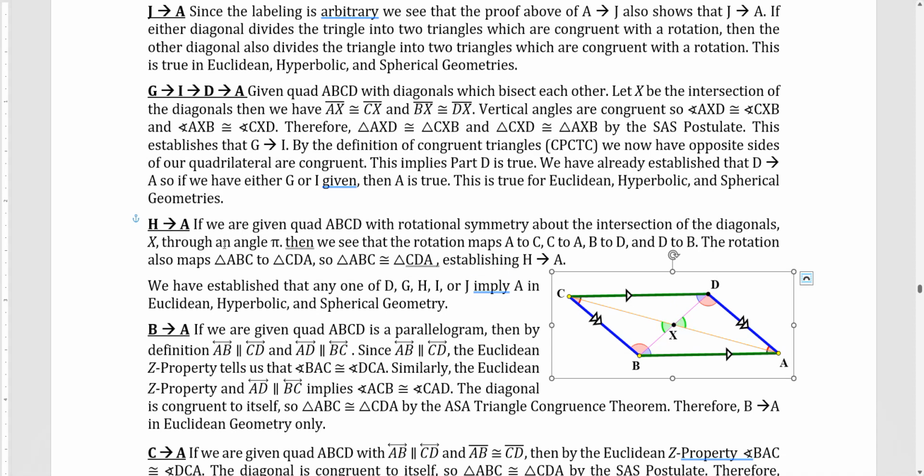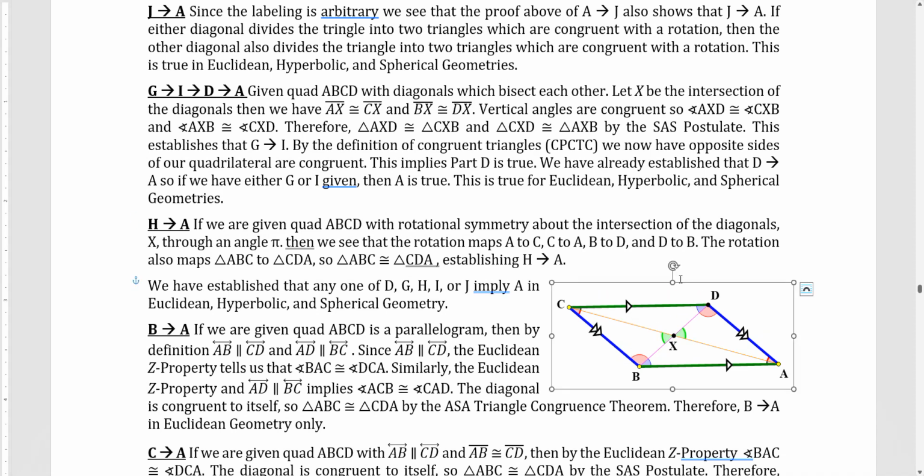Well, let's see, we need to show that. All right, so what do we need? We need rotating this 180 degrees around. Think about what it means to have rotational symmetry.